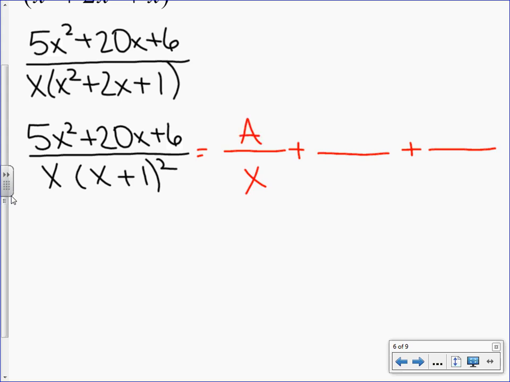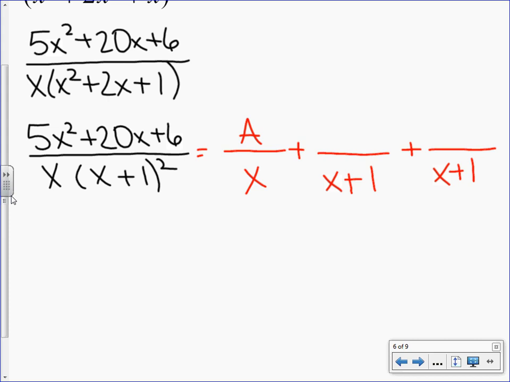A over x. Okay. Now, x plus 1 is a linear factor that is repeated. So we need x plus 1. But if I make this an x plus 1, when we try to add these back together, our common denominator would only be x times x plus 1, right?